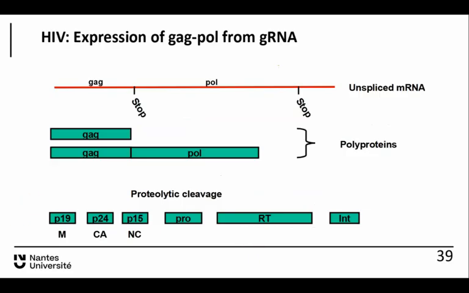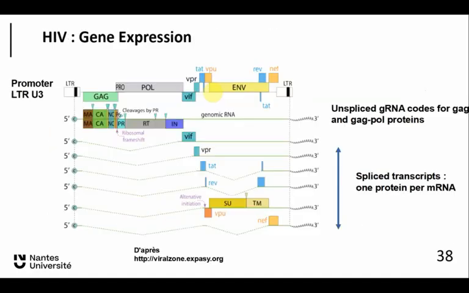Well, you have the GAG and the POL coding regions, which are in different reading frames. Okay, so that's what is indicated by this diagram here.